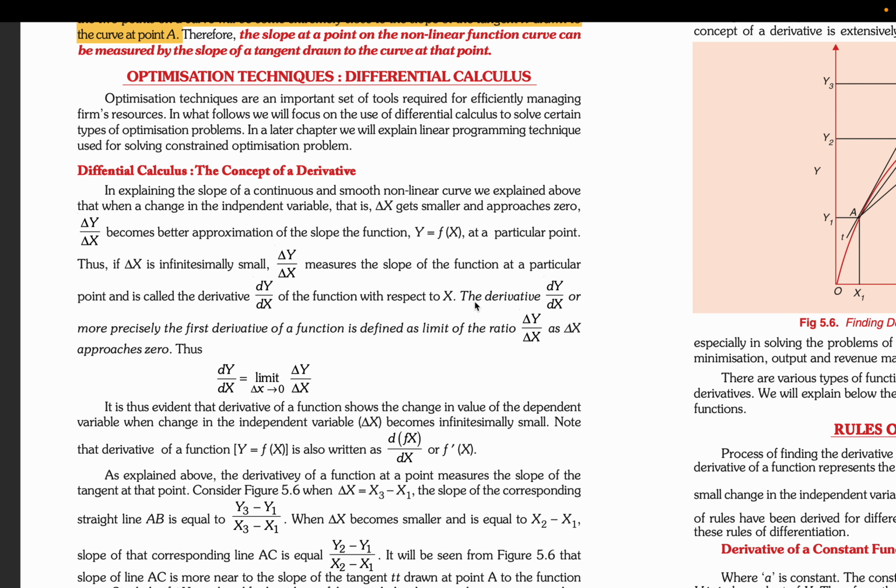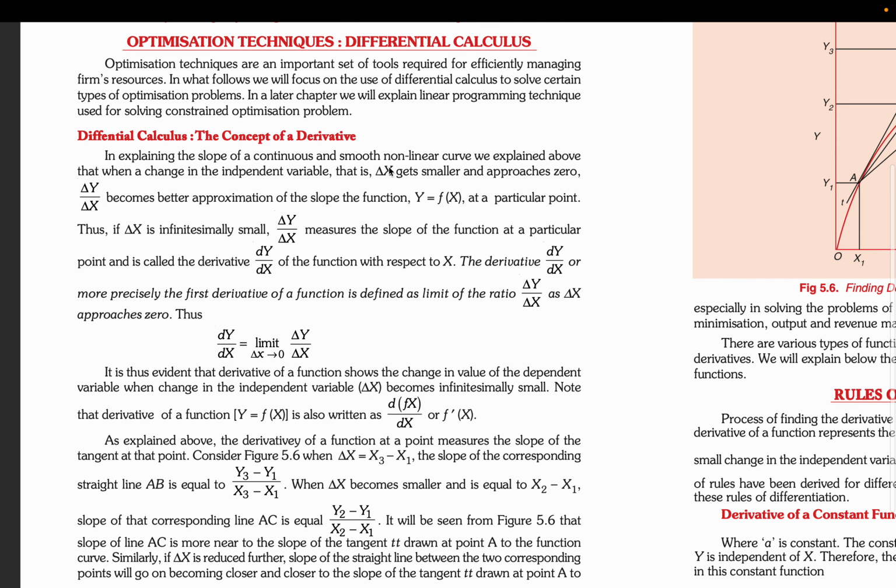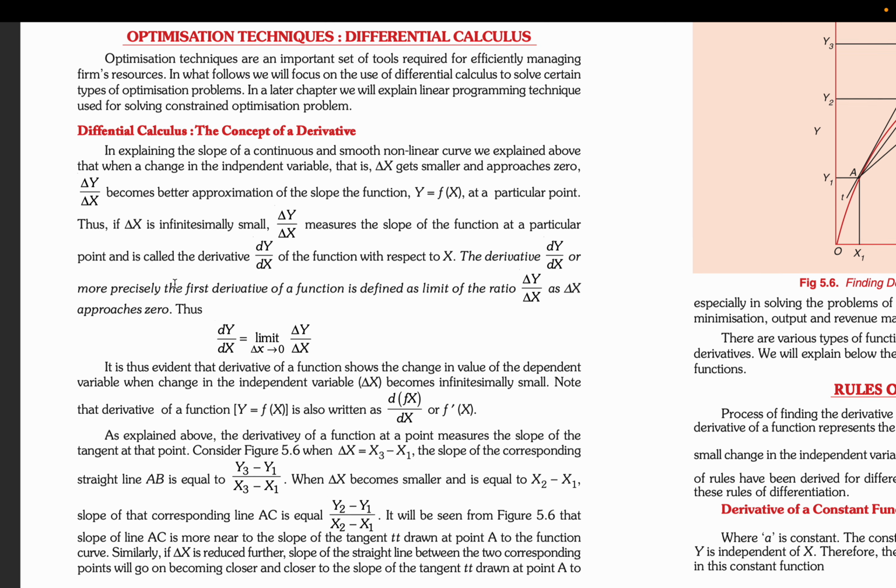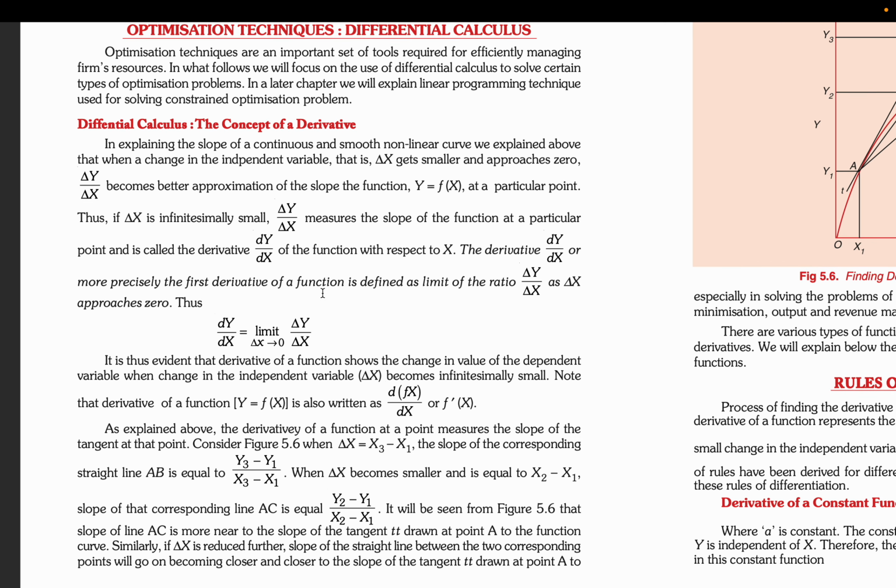Differential calculus, the concept of a derivative. In explaining the slope of a continuous and smooth nonlinear curve, we explained above that when a change in the independent variable, that is, change in x, gets smaller and approaches 0, delta y by delta x becomes a better approximation of the slope of the function y = f(x) at a particular point, like A in this case. If delta x is infinitesimally small, delta y by delta x measures the slope of the function at a particular point, and it's called the derivative dy by dx of the function.